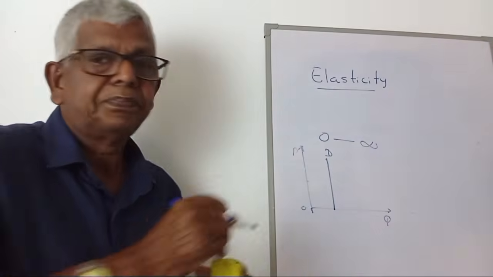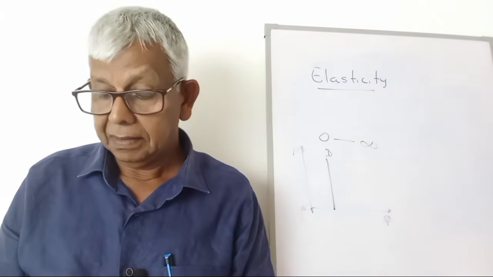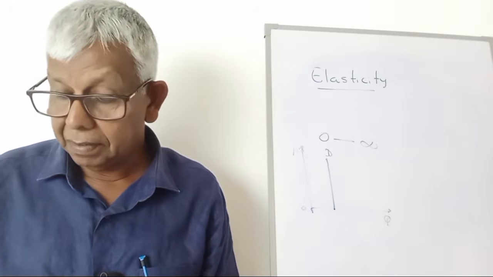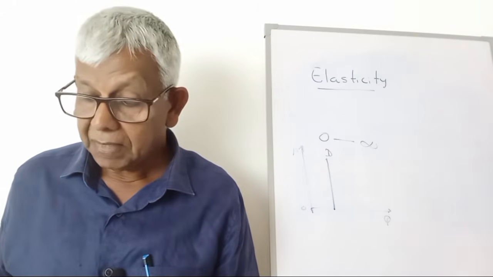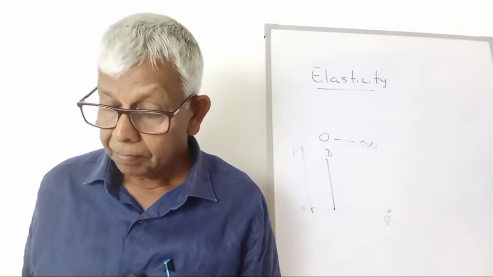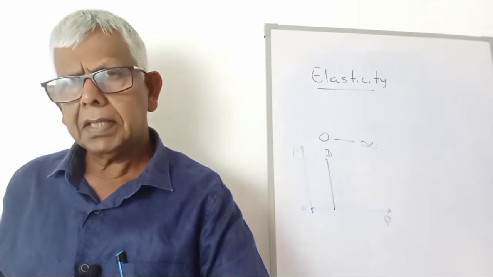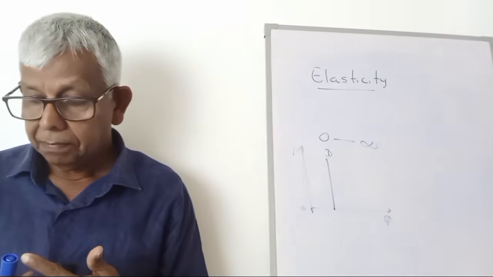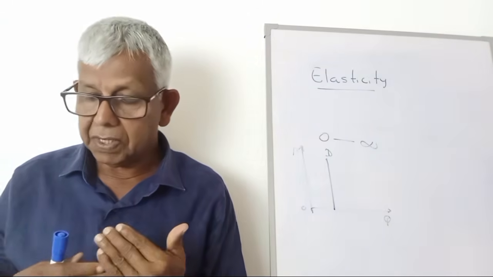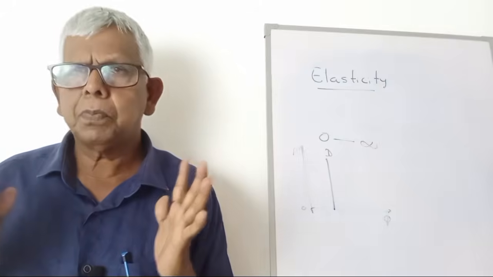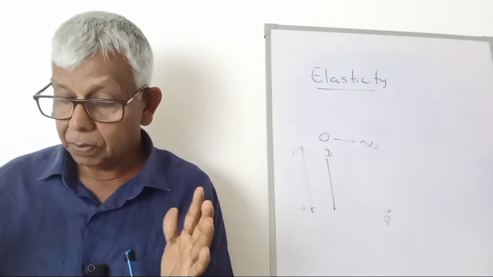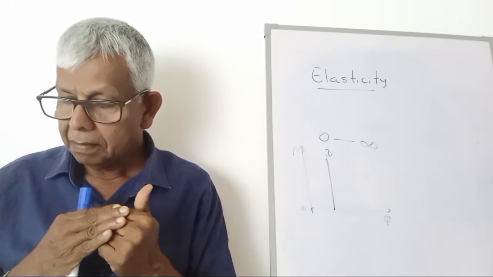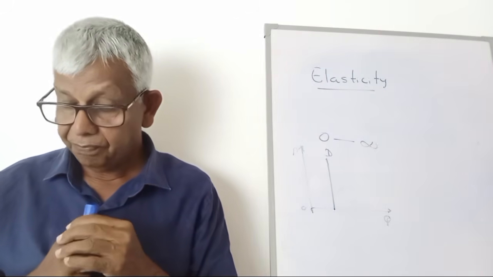Third one, unitary elastic demand. The price elasticity is equal to 1, or the percentage change in the quantity in response to a change in price is equal to the percentage change in price.